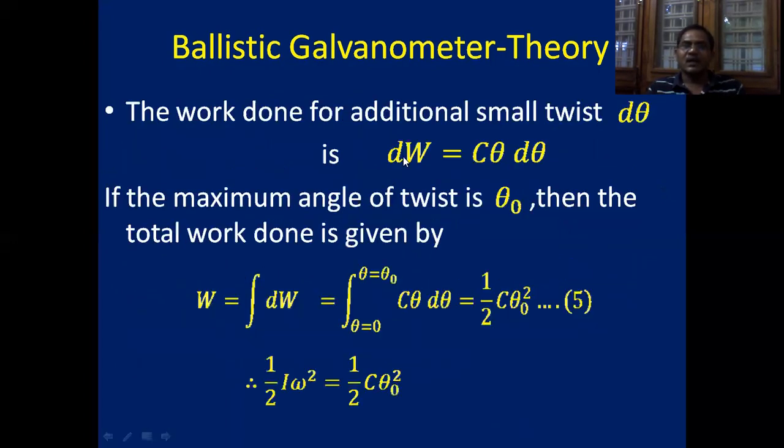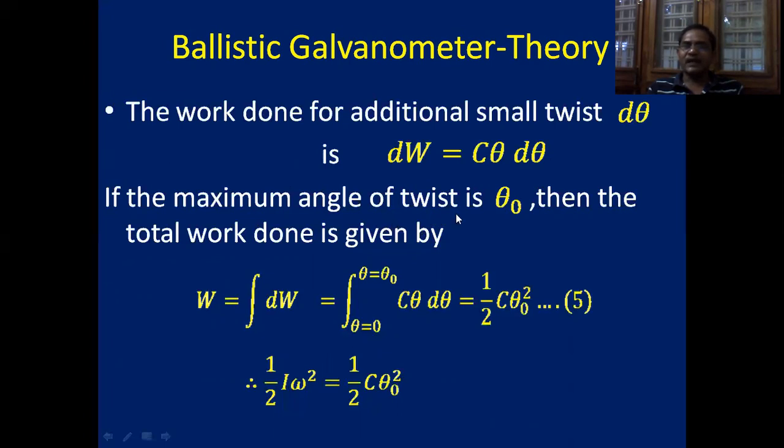The work done for an additional small twist d theta is given by dW equal C theta d theta. This is analogous to work done equal to force into displacement. In the case of rotational motion, we write dW equal to tau into d theta. So here that is C theta d theta.